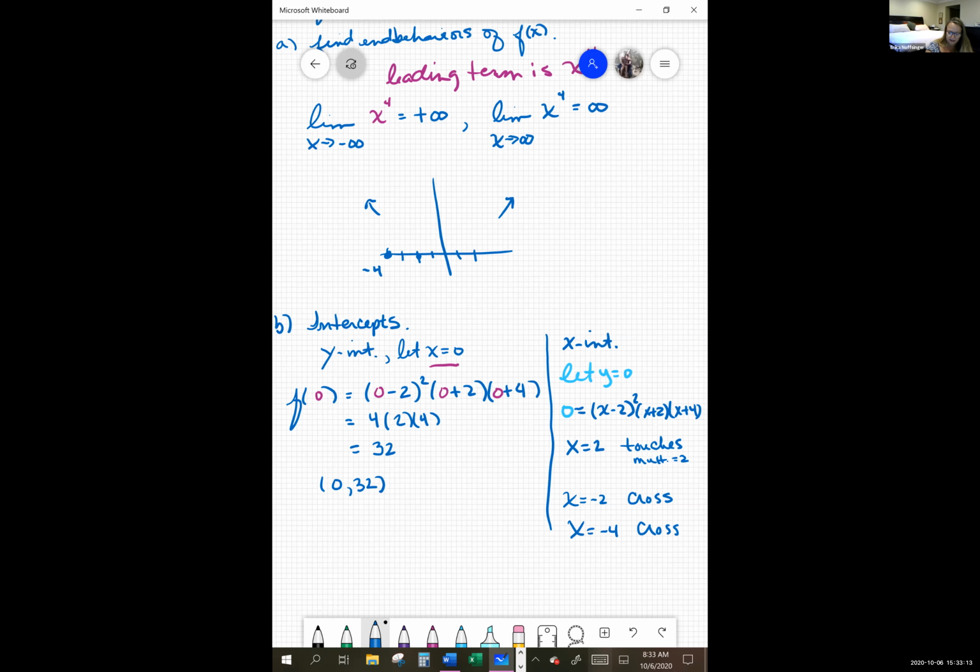Okay. So we know the end behaviors, and by the end behaviors and knowing if it's crossing or touching, we're going to come down. We know it crosses at negative 4. We could find some points in here. That's what it told us to do, and we'll come back and do that. We know it's going to come back down here somehow and turn around, and again, it's going to cross.